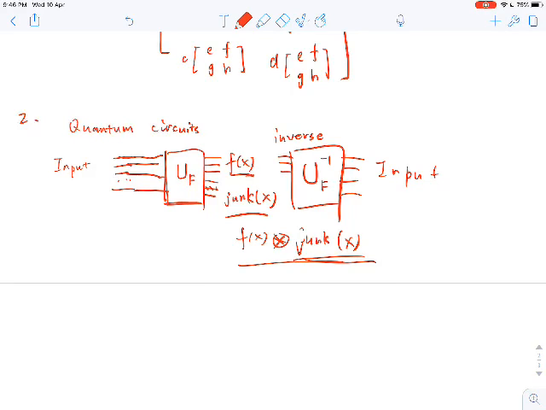But we also get rid of the output qubits, fx. And how can we restore the fx? It's just by using the control NOT gate. We introduce some new qubits here to store the information.